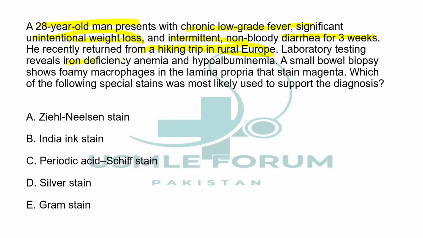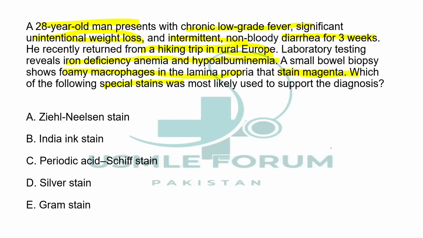Testing reveals iron deficiency anemia and hypoalbuminemia, and a small bowel biopsy shows foamy macrophages in the lamina propria that stain magenta. Which of the following special stains was most likely used to support this diagnosis?